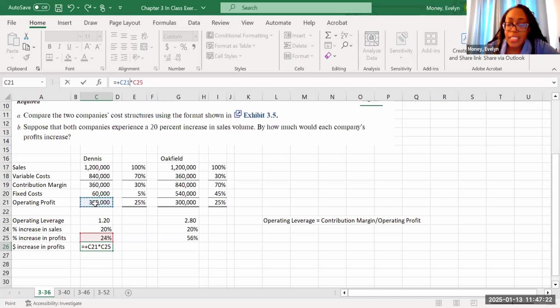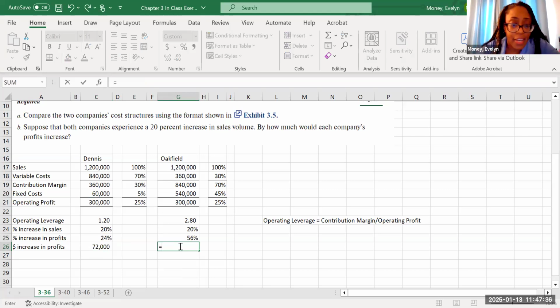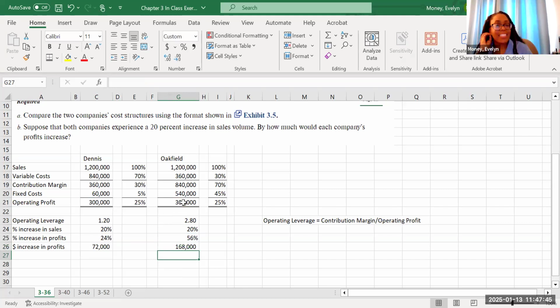So the 300,000 times 24% gives me an increase in profits of 72,000, or 372,000 would be the new operating profit. And then here, 56% times 300,000. 168,000. So you can see how useful the contribution margin income statement is, not just from the standpoint of break even, but also from the standpoint of analyzing a percentage change in sales volume through the use of operating leverage.